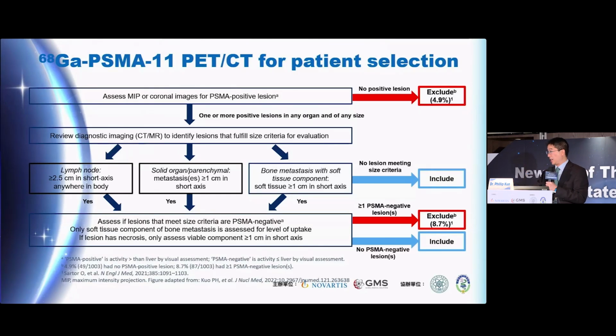In initial staging, biochemical recurrence, PSMA PET for diagnostic purposes, when you say it's PSMA positive, you mean it's prostate cancer. For this criteria, PSMA PET positive means that it's greater than liver by visual assessment.